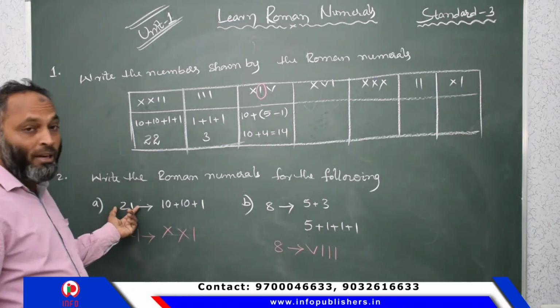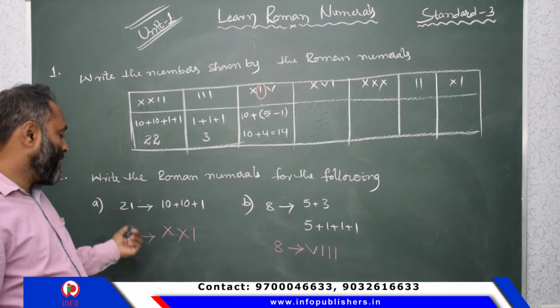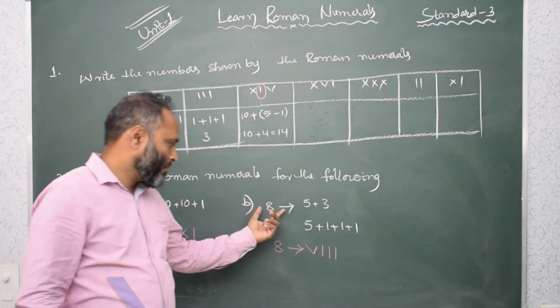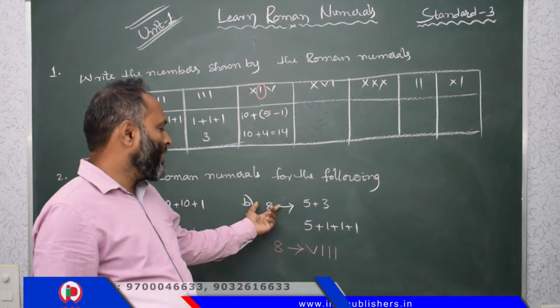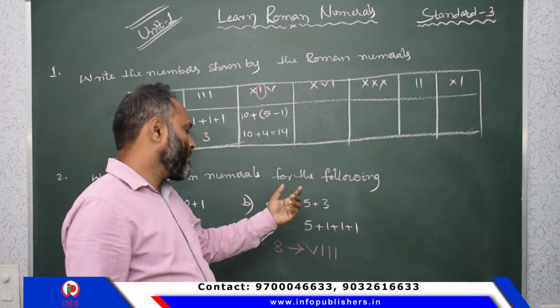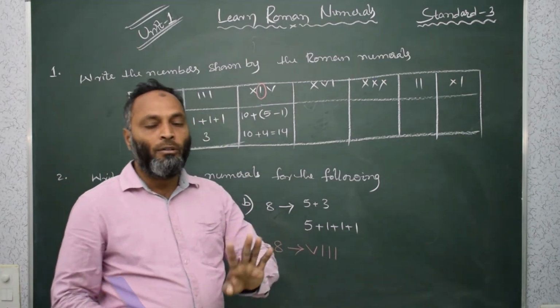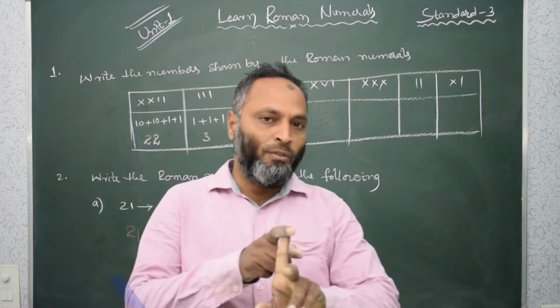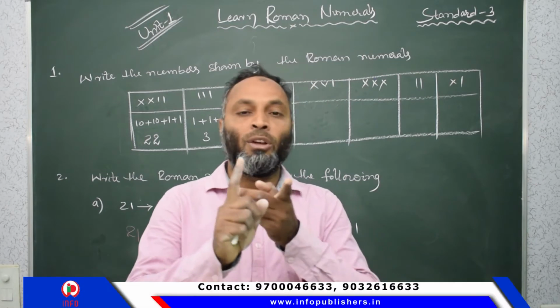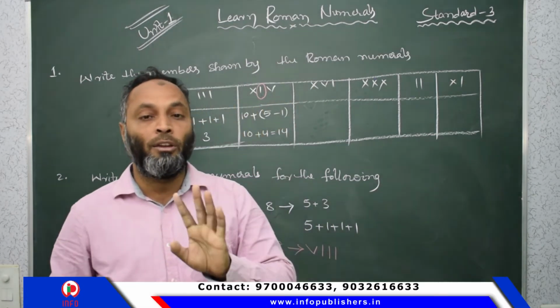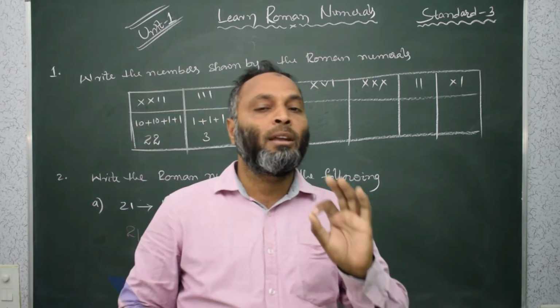Hindu-Arabic numbers are converted into Roman numerals in this way. Here also the same. Using the 4 rules, we have to convert Hindu-Arabic numerals into Roman numerals and Roman numerals into Hindu-Arabic numerals. This is the method to write.